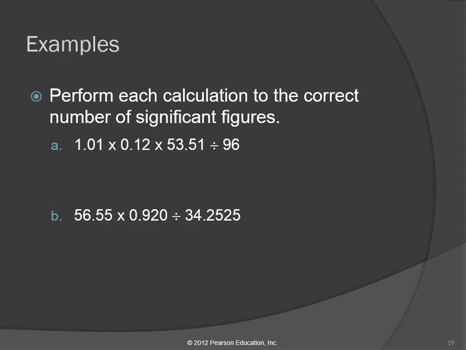So you do the whole calculation, and then it's good practice to just write down what your calculator says before you look at the sig figs. So I've got 1.01 times 0.12 times 53.51 divided by 96 equals, and my calculator is saying 0.067556375.